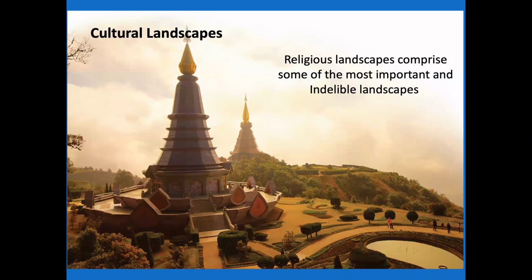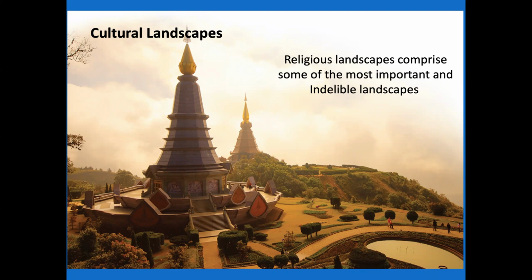Cultural landscape, one of the more significant aspects of it would be religion. And religion, even if you're not a particular adherent of a religion, you maybe take part in a lot of the rituals, the holidays, the meals that go along with it. It becomes part of celebration in many, many parts of the world. It doesn't matter if you're a Christian, if you're Jewish, if you're Muslim, Hindu, whatever your religion happens to be.